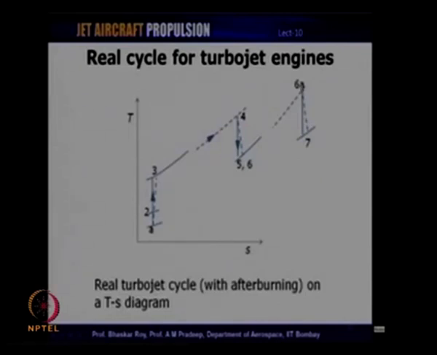In a turbojet cycle with afterburning, the cycle gets modified due to this additional heat which is added after the turbine, and this heat addition leads to higher temperature at the nozzle entry, and therefore, higher pressure, and so the nozzle has additional scope for expansion because of its higher inlet temperature and pressure, and that leads to an additional thrust, which is the basic purpose of using an afterburner.